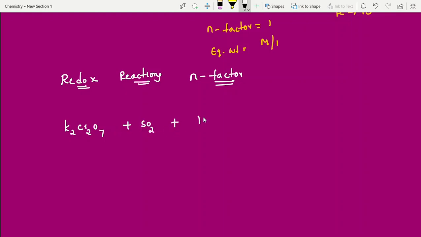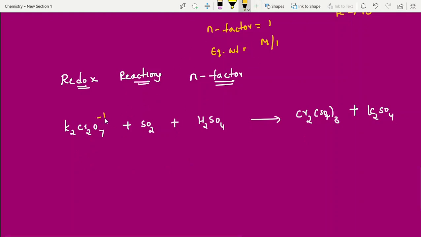K2Cr2O7 I had explained individually, separately. Now I am taking this combination, check it. Cr2(SO4)3 plus K2SO4, this is your product. Now check it. Calculate the oxidation states, quick, students.